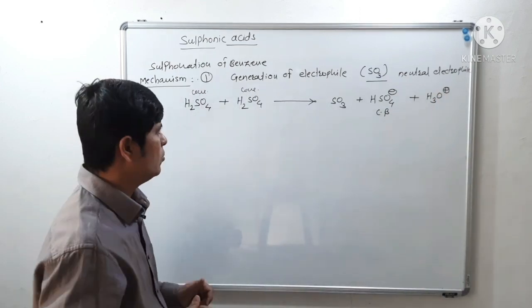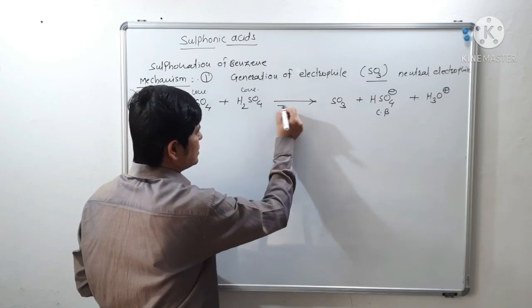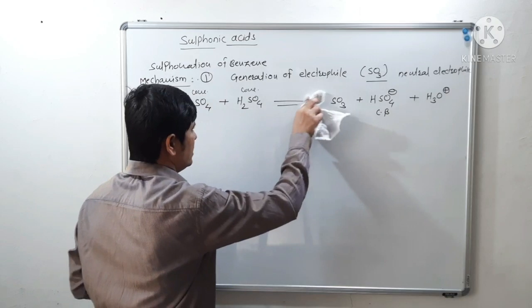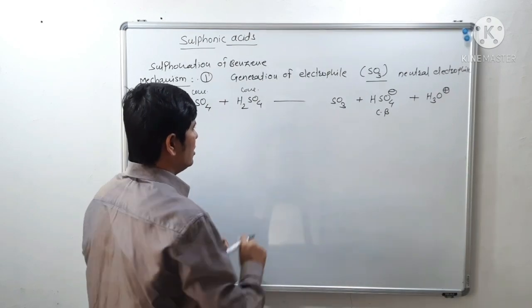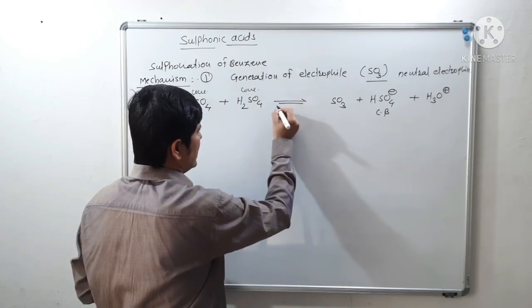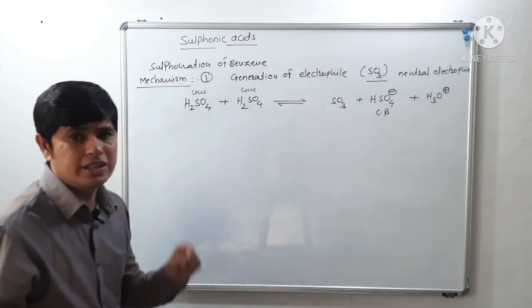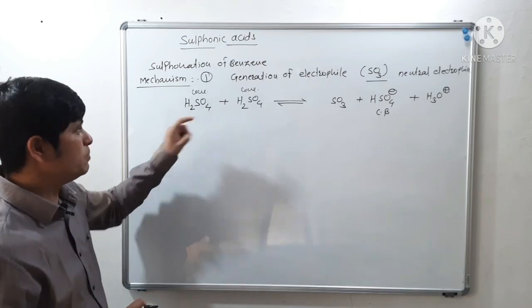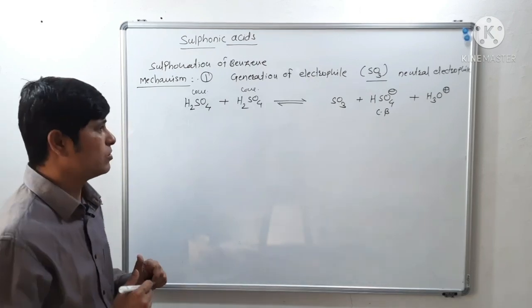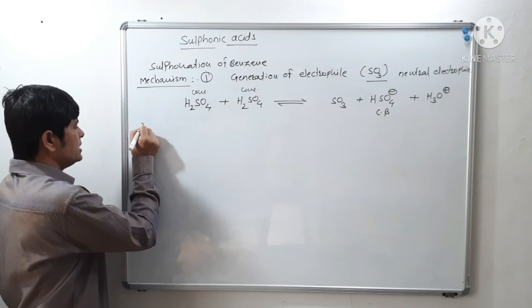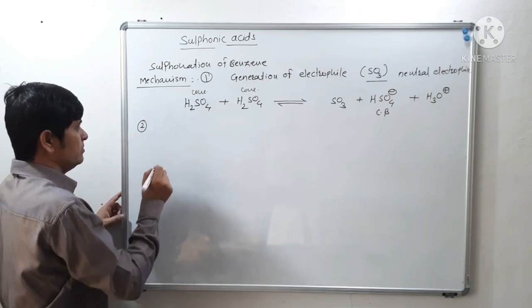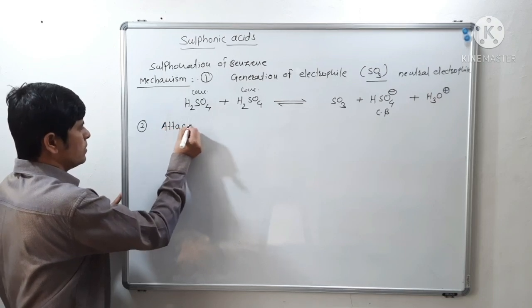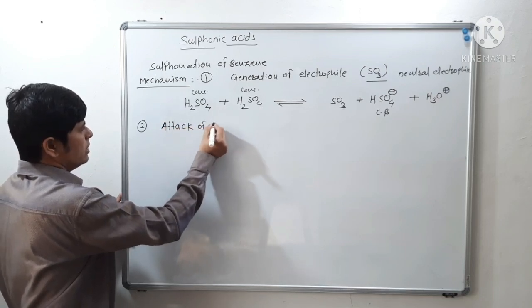Remember, this reaction is a reversible reaction. All the steps involved in the sulfonation reaction are reversible. So this is the first step, generation of electrophile. Now the second step is attack of electrophile.